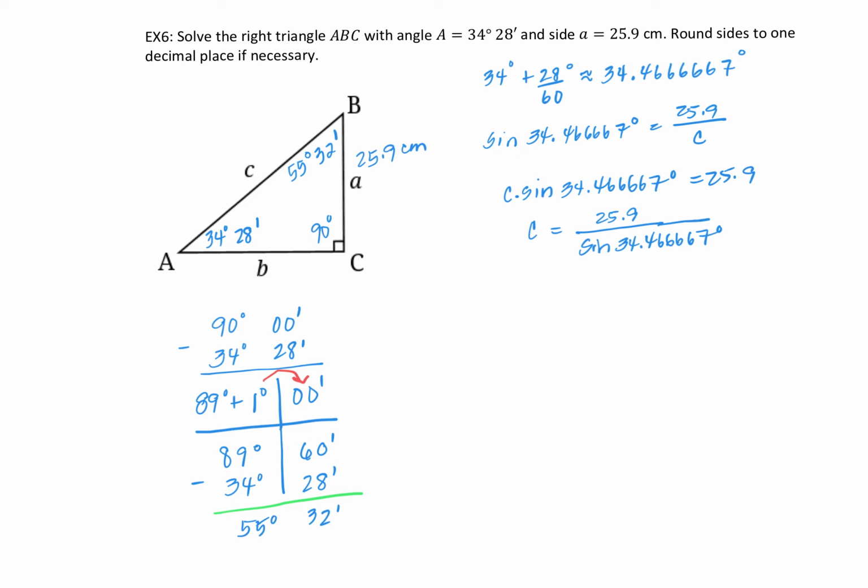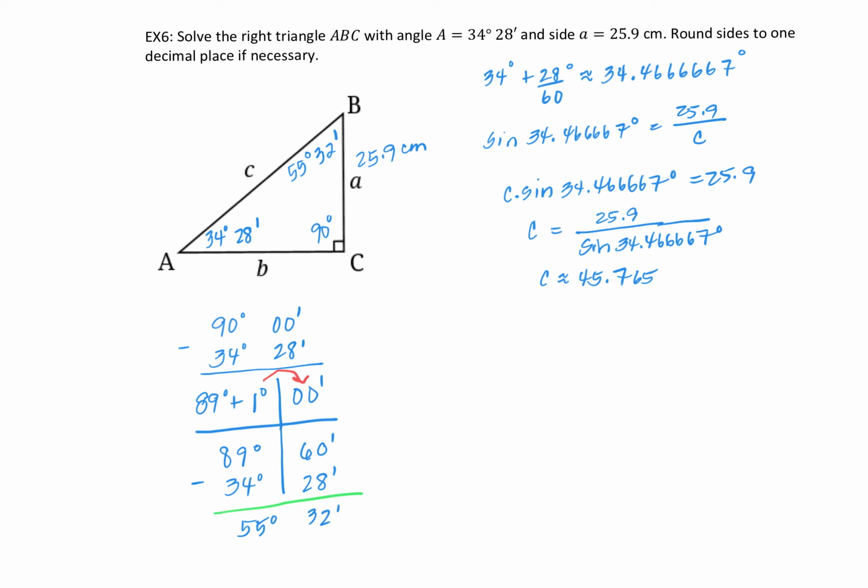You could round that degree a bit more, but don't write 34.5. That's rounding too much and your values will be really off. So I get 45.765.